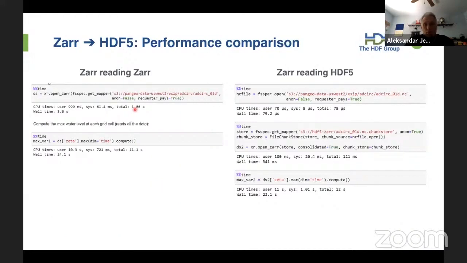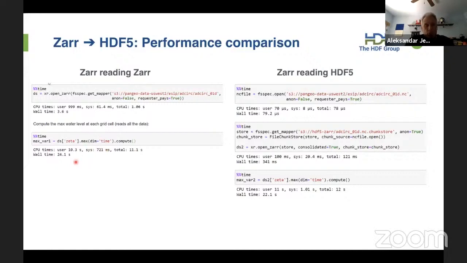The performance comparison, as published in the Medium blog and done by Rich Signell from USGS, is actually very comparable, and that was a very interesting finding. Reading Zarr takes about 24 seconds to do a fairly complicated aggregated statistical computation using a Dask cluster.